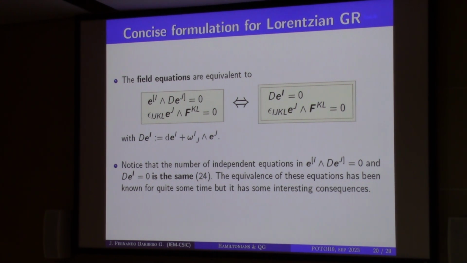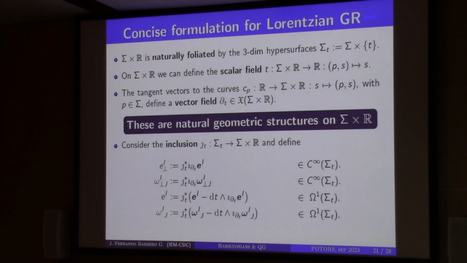Okay? This has very interesting consequences if you think in the terms that I discussed before. So let's suppose that I take my manifold, my spacetime. This, of course, is naturally foliated by three-dimensional hypersurfaces given by these sets. Okay? So this is the time foliation. Now, of course, I can define in a very trivial way a scalar field here, which is basically given by the value of the time.